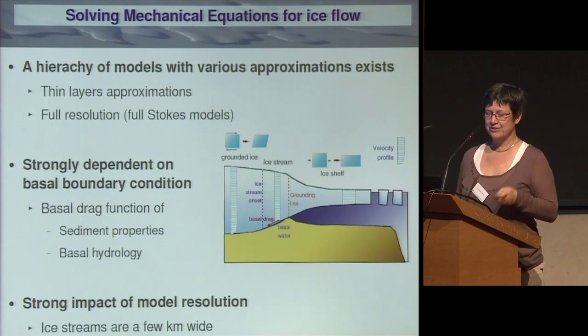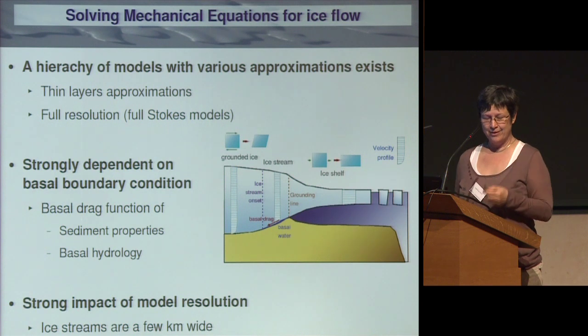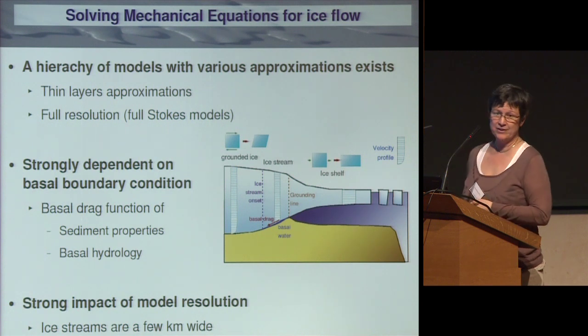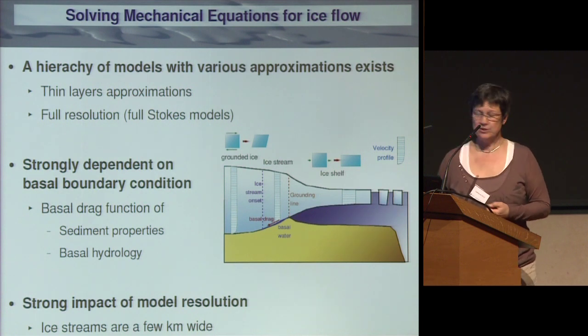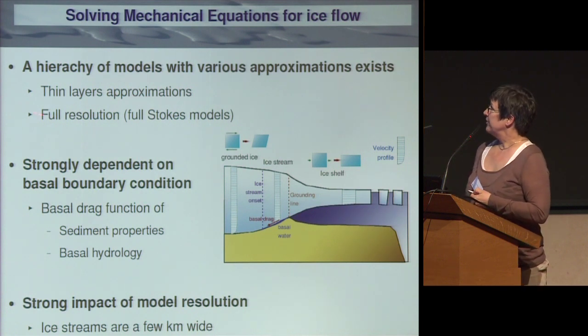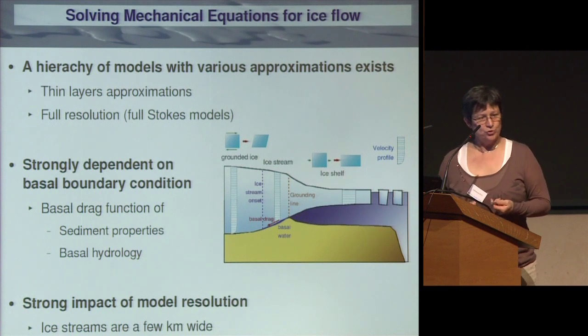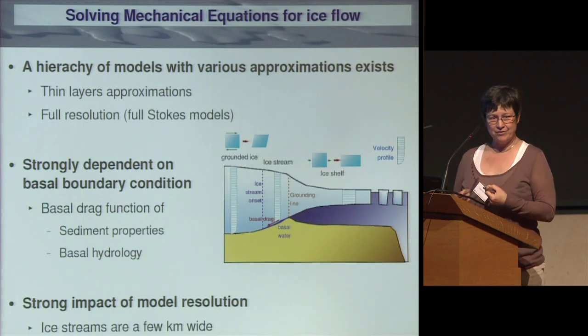So in many models we take advantage of this thin layer aspect to simplify some equations. Most models use thin layer approximations, but now we have a new generation of models that have a full resolution with the full Stokes equations.